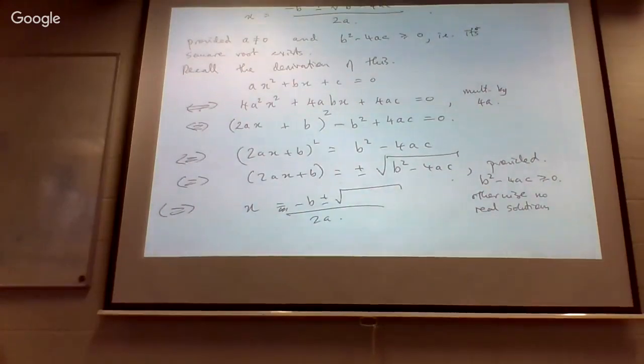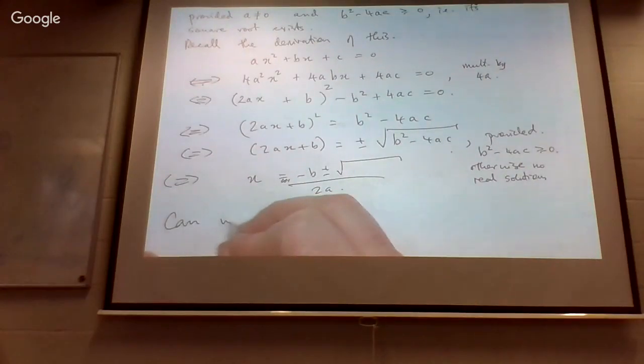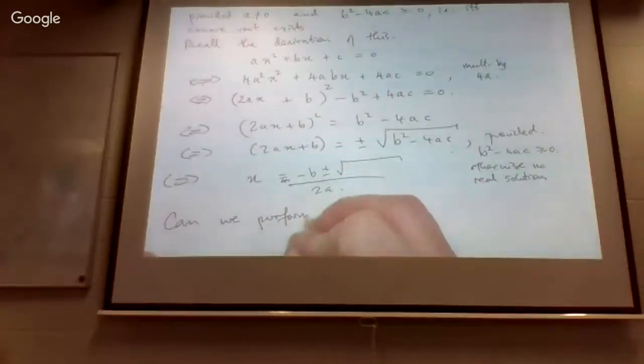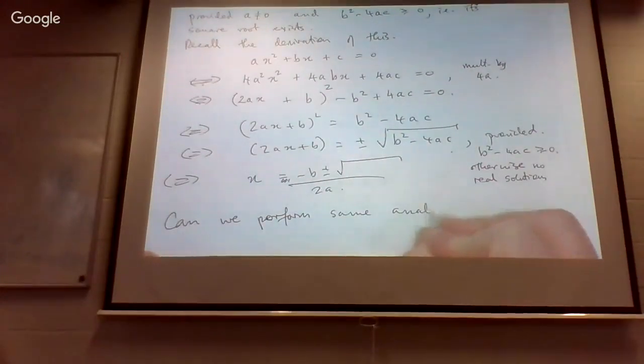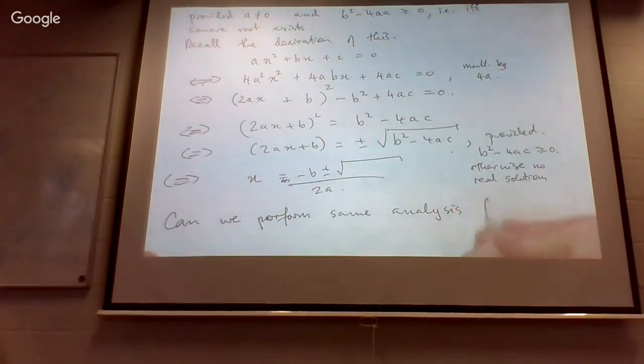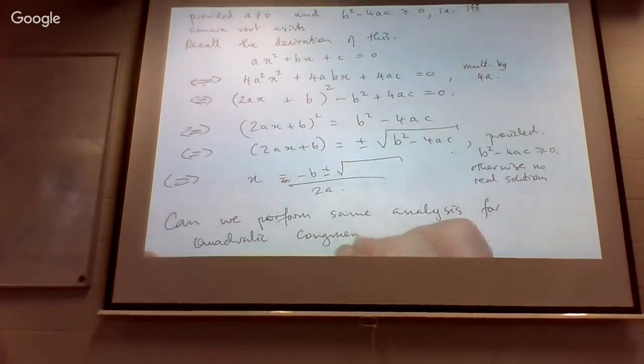Let's try and do the same thing for quadratic congruences. So can we perform the same analysis for quadratic congruences, modulo a prime?